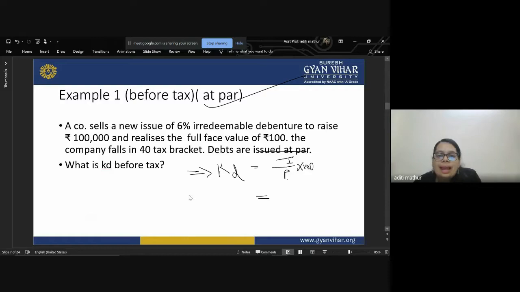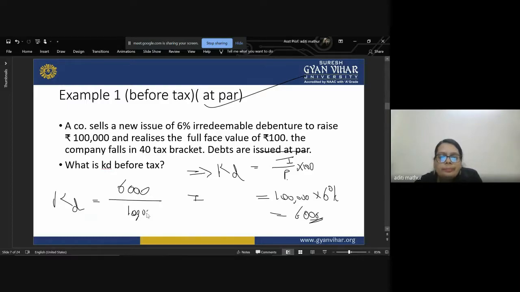So let us first calculate the interest amount. The interest will be calculated on 1 lakh at the rate of 6%. So it is 6,000. So our KD will be equal to 6,000 divided by 1 lakh into 100. And it will give us 6%.